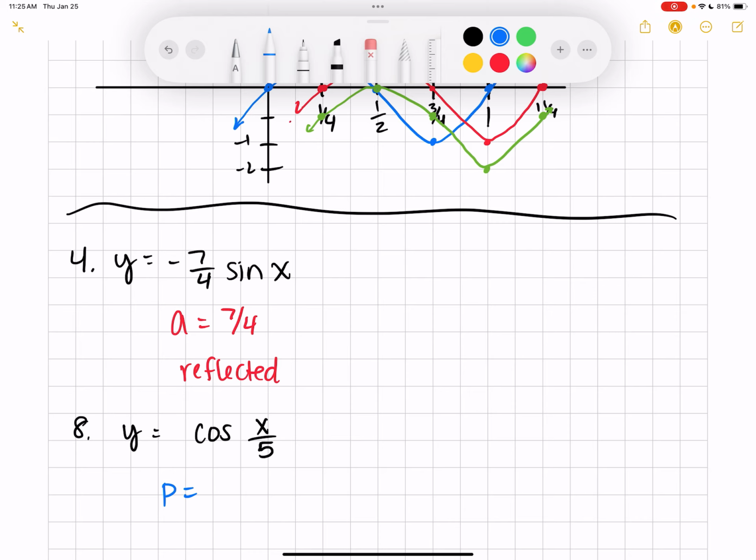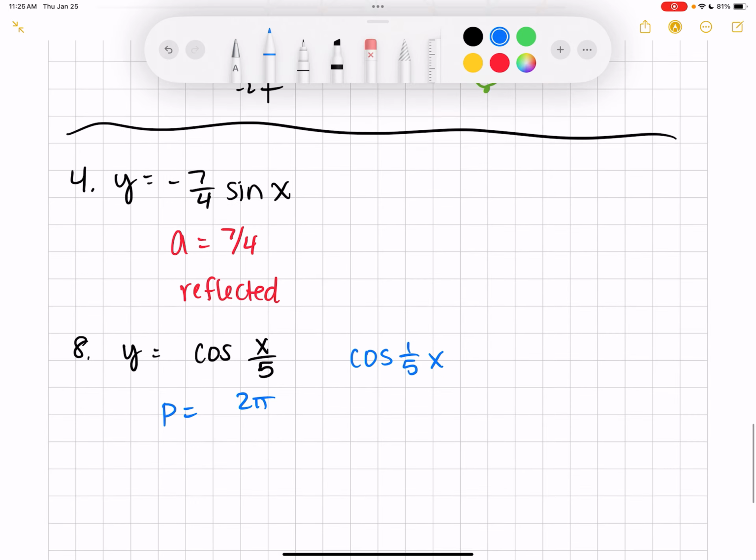If we think about this as the cosine of 1/5 x, would it be like 10 pi? Yeah, so we would do 2 pi over 1/5, which, keep change flip, would be 5 times 2 pi, also known as 10 pi.